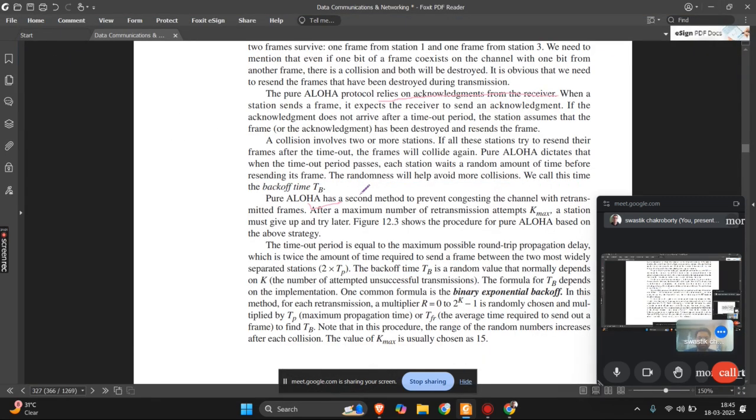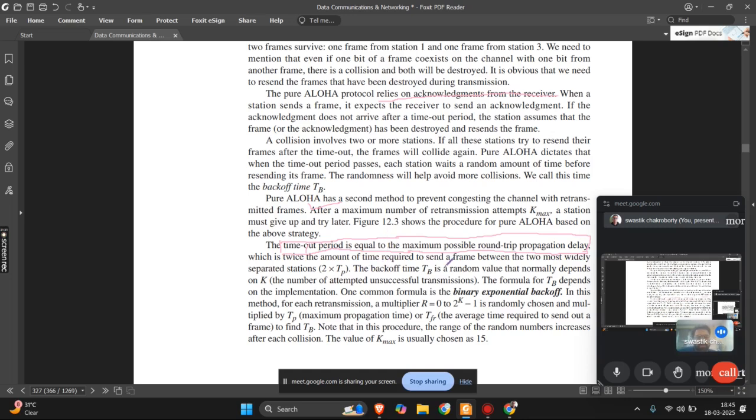Now, the timeout period is equal to the maximum possible round trip propagation delay. This is an important formula. The timeout period or the backoff period is equal to the maximum possible round trip propagation delay. That is, the maximum time that a data packet will need to travel from transmitter to receiver and then back.